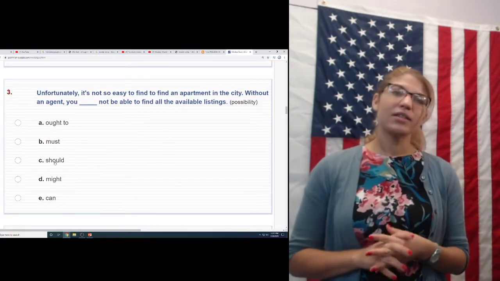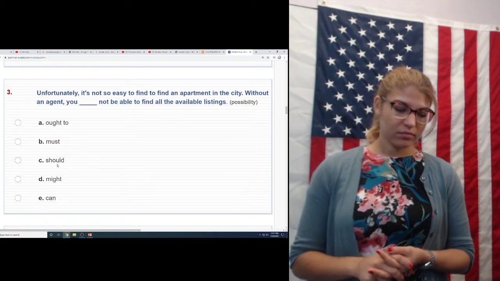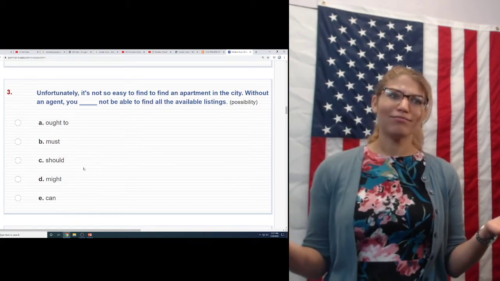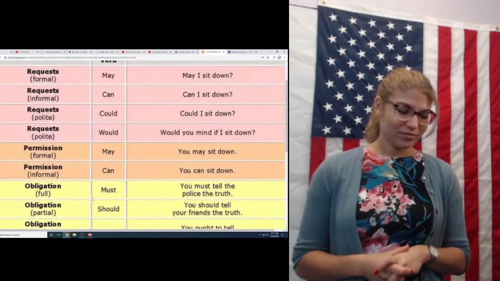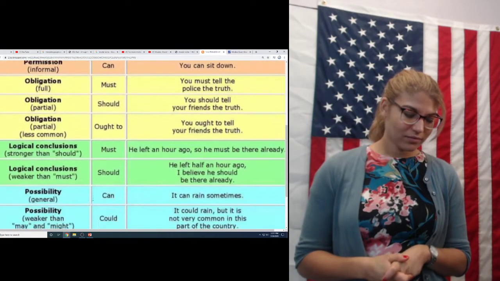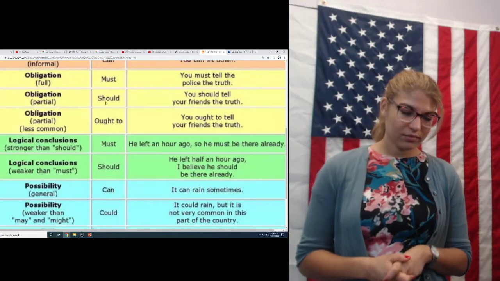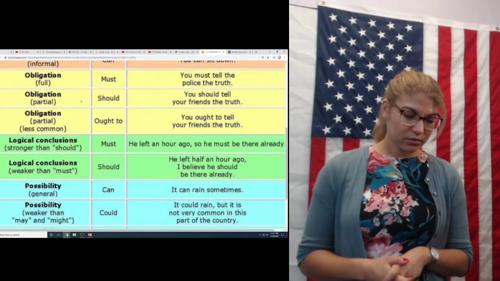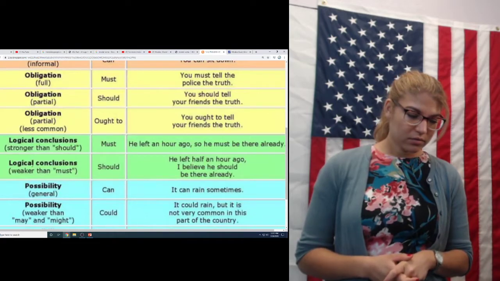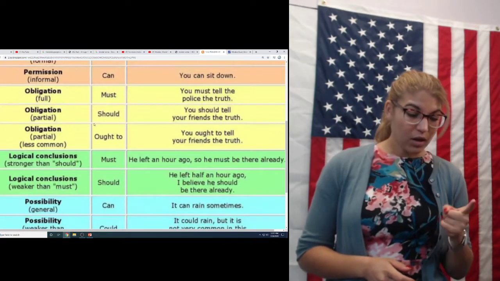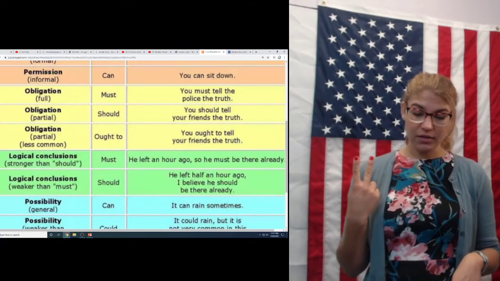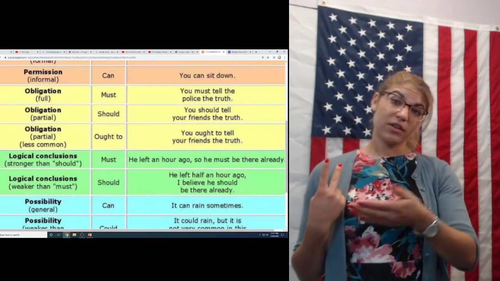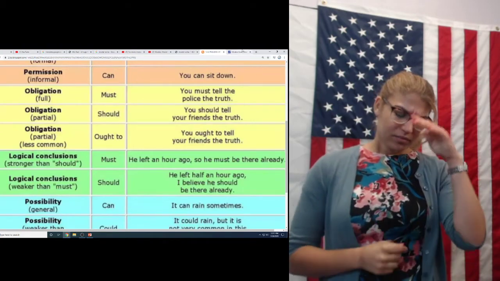Okay, what is our next option? Should. Let's see, where is should on our list? Oh, here and here. Obligation and logical conclusion. Okay, we have obligation, we have logical conclusion. Well, let's look at our subject sentence.